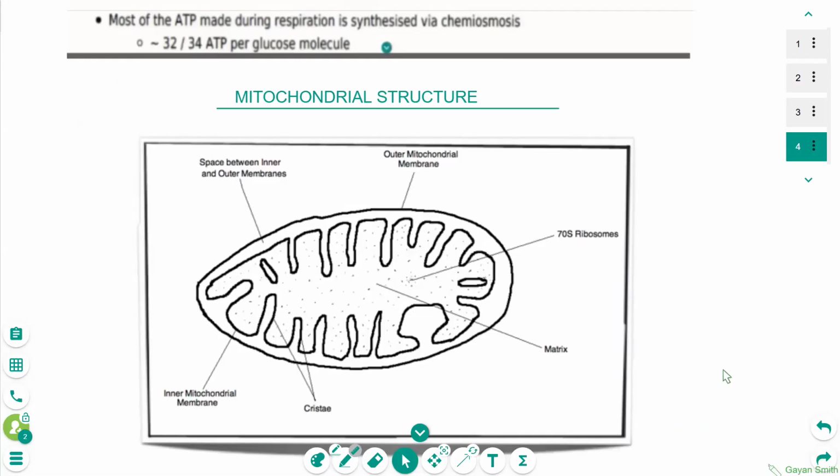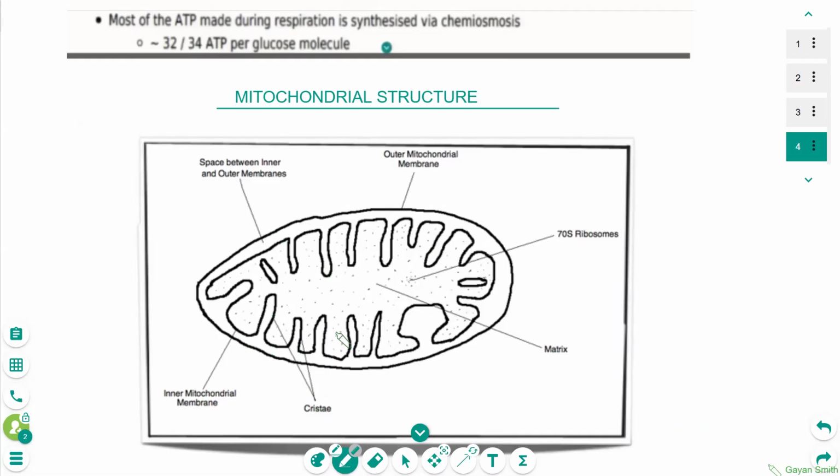So this is the mitochondria. We have the outer membrane, and then there is the inner membrane. And it's highly folded, and one fold is known as a crista, or two of them are known as cristae.